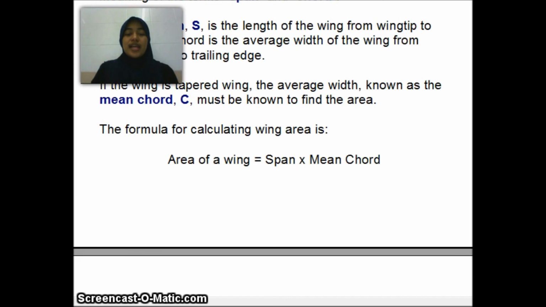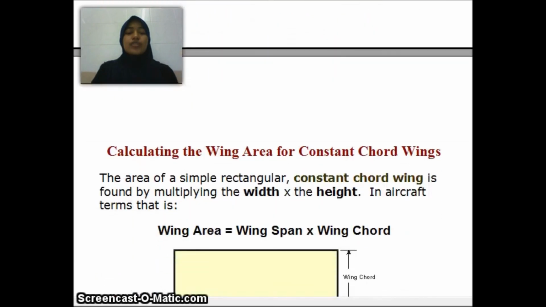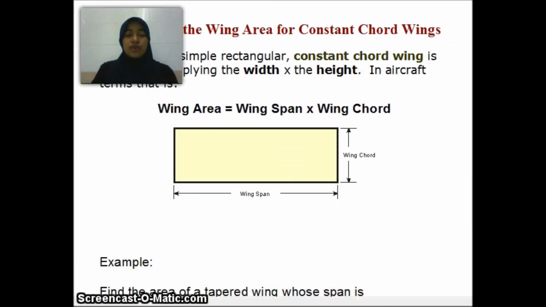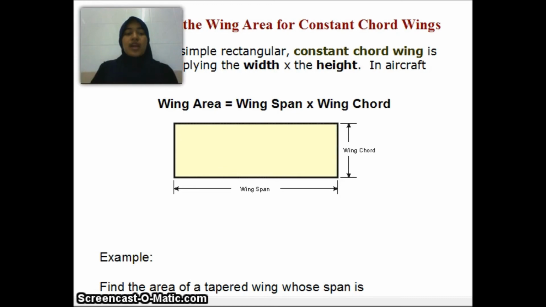Next, I will tell you how to calculate the wing area for a constant chord wing. A constant chord wing is just as simple as a rectangle. No need to worry or think hard about what a constant chord wing is. Actually, the shape of the constant chord wing, as you can see below, is a simple rectangle.